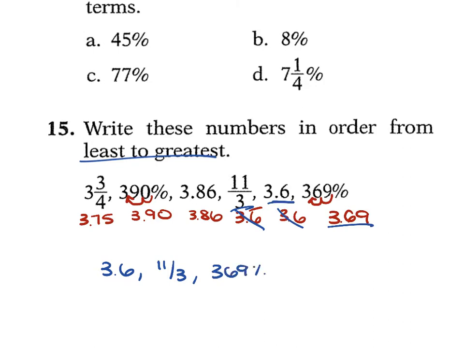And then we have the 3.75, which is 3 3/4. Next would be the 3.86, and the 3.90 will be last, so that's 390%.